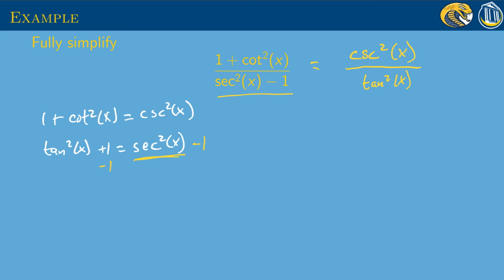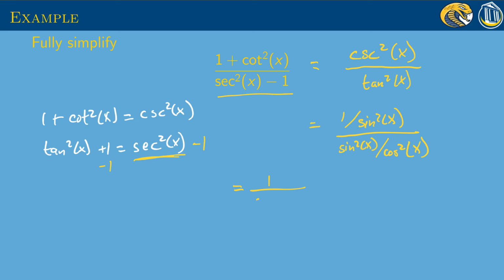Now we can use our definitional and reciprocal identities to rewrite this as 1 over sine squared x divided by sine squared over cosine squared x, and then simplify this the same way we always simplify fractions of fractions.